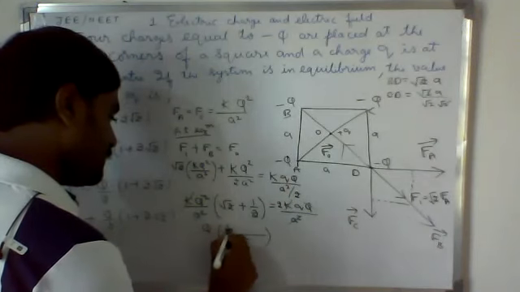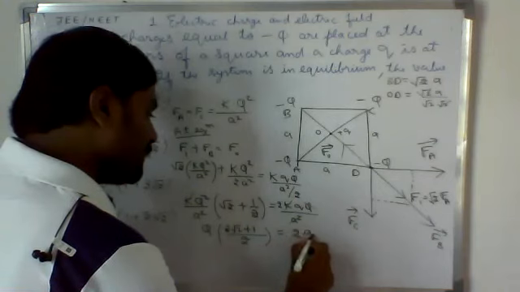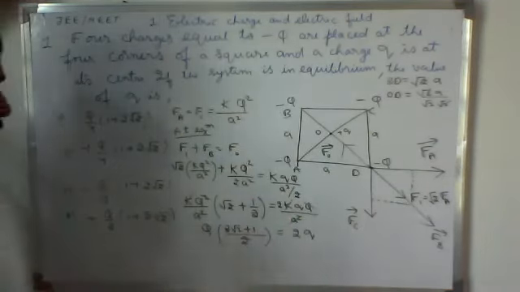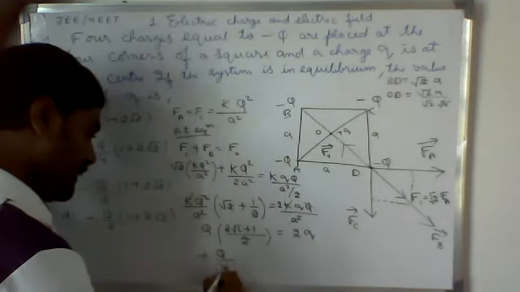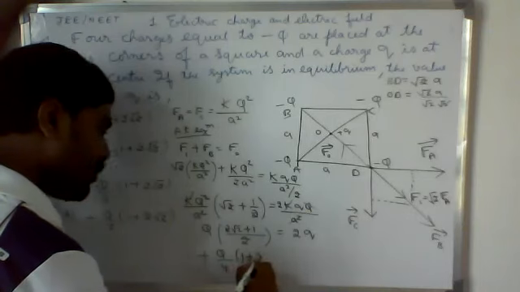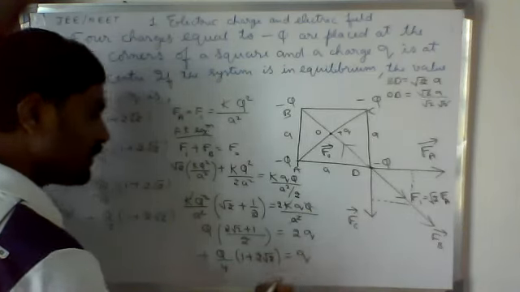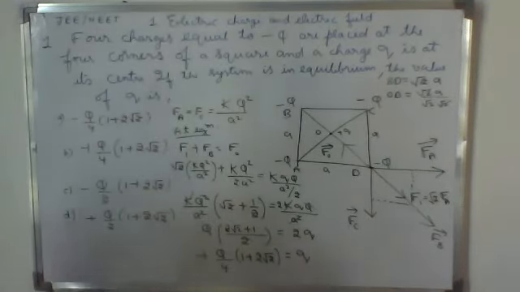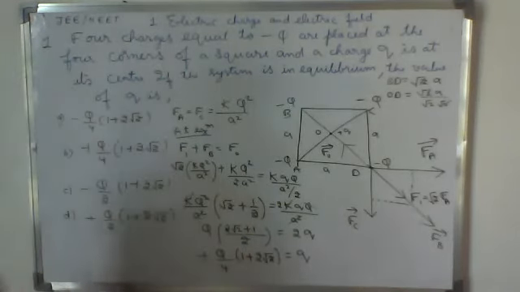So we get 2 root 2 plus 1, equal to 2 into small q. Shift this 2 here: 2 into 2 is 4. So finally we get plus Q divided by 4 of 1 plus 2 root 2, that is equal to small q. So the value of small q is plus Q by 4 of 1 plus 2 root 2.